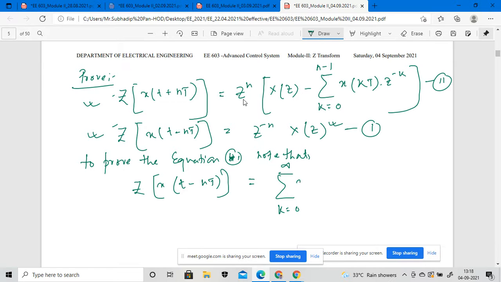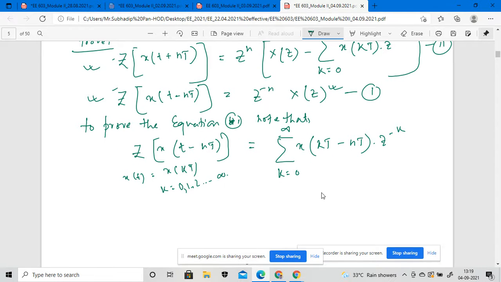We are considering x of t as x of kt, where the values of k will vary from 0, 1 up to infinity. So that is the summation from 0 to infinity of x of kt minus nt into z to the power minus k, after doing the Z transformation.